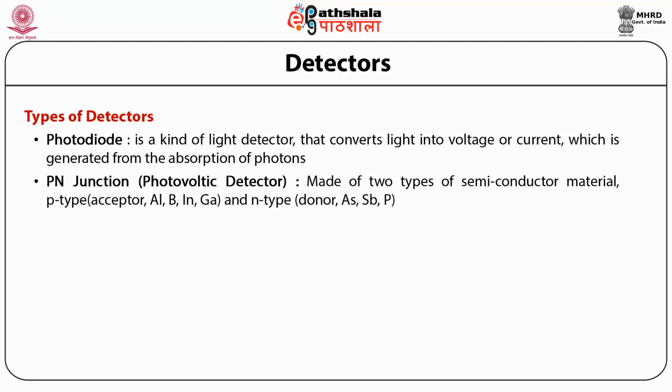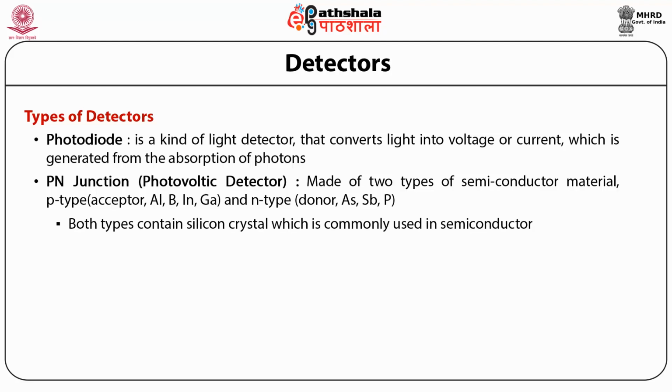One is called P-type and another N-type. P-type materials are acceptors like aluminum, boron, lanthanum, and gallium, whereas N-type material is donor, that is arsenic, tin, lead, or phosphorus. Both types contain silicon crystals, which is commonly used in semiconductors.